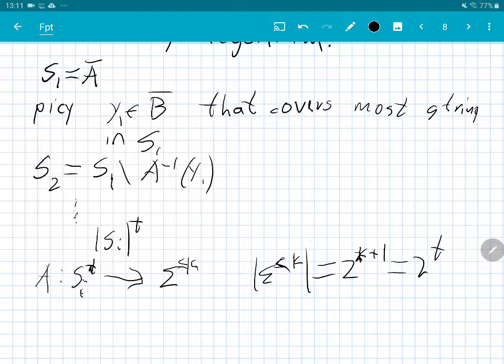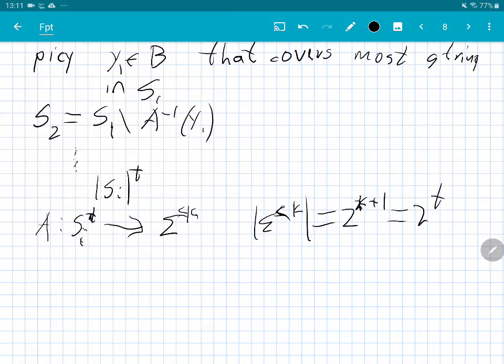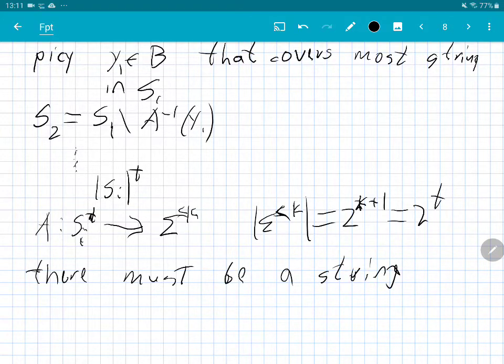Okay, so in particular, by just the pigeonhole principle, there must be a string that is in the target that has a lot of strings mapping into it, right? There must be a string that covers.